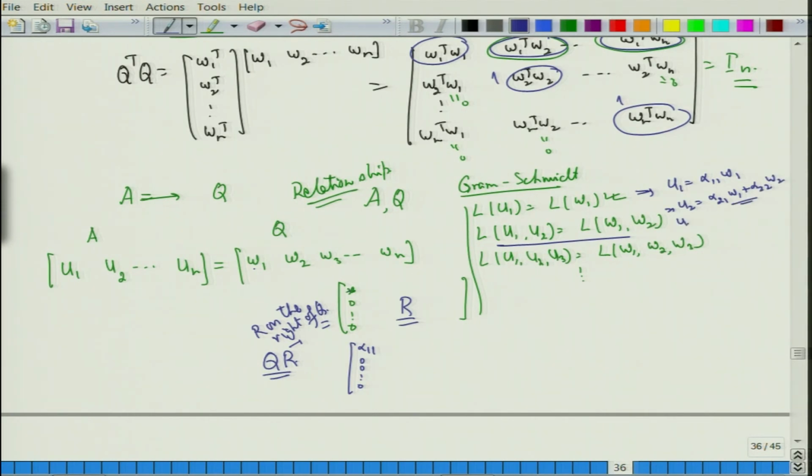So U2 belongs to the linear span of W1 W2, and I can find alpha 21 and alpha 22 such that this happens. So in the matrix product, I can write alpha 21 here, alpha 22 here, 0 0 0, because then it is alpha 21 times W1 and alpha 22 times W2. Similarly, for U3, I will get some alpha 31, alpha 32, alpha 33 and 0 here.